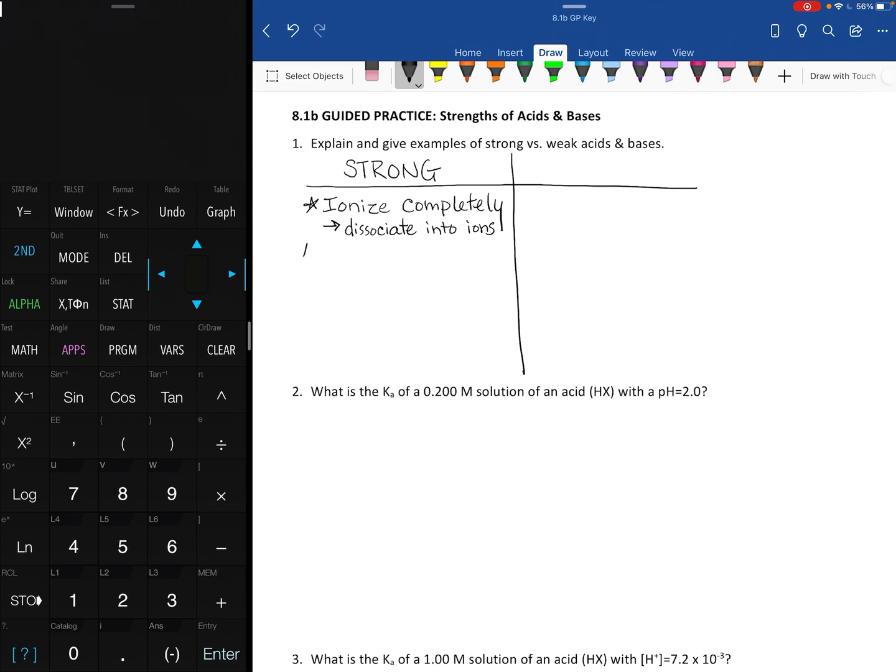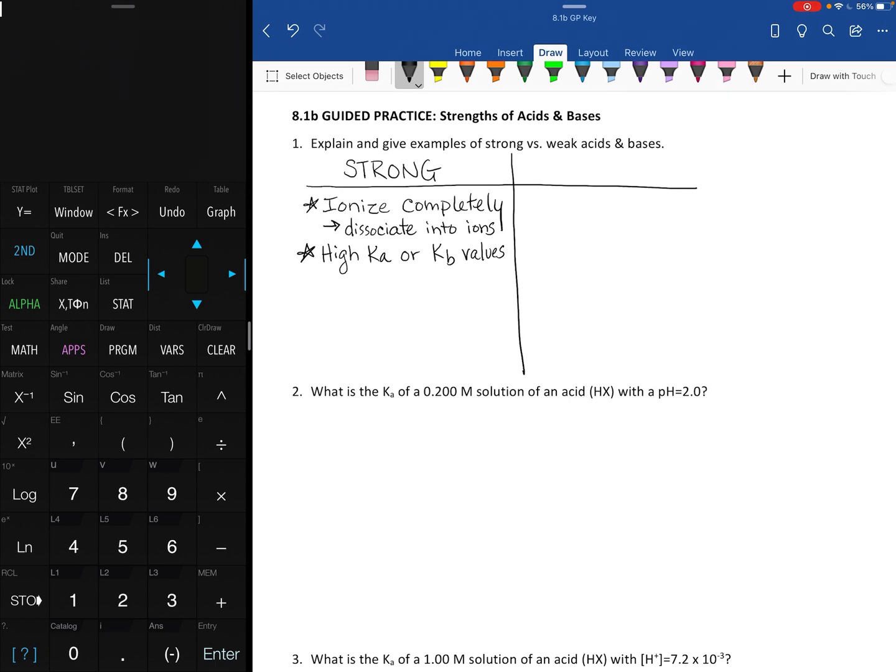We don't usually evaluate that for strong acids and bases so much, but they're going to have high Ka or Kb values. Okay, so basically what we know is that most everything is going to be in ion form.